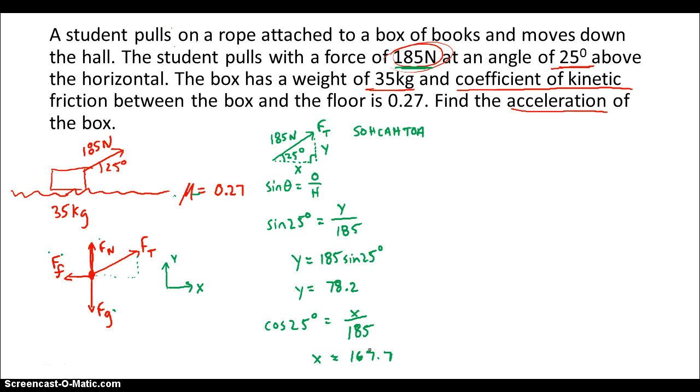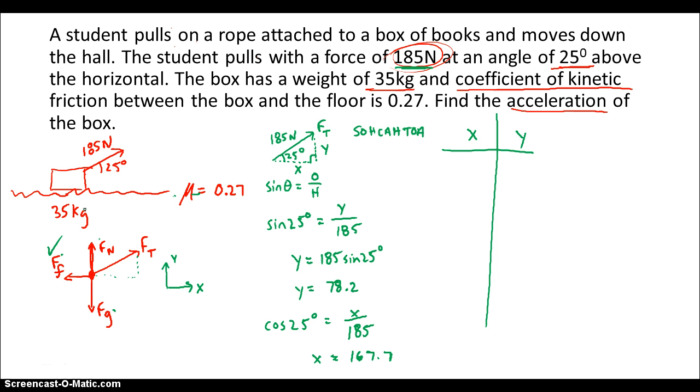Alright, so now we look at our forces. Are they all in the x or y directions? We got this one x, y, y, and this one's now broken up in its x and y directions. So we can create a table for the x and y directions. So, for a table, let's sub in our forces. Let's look at our first one.